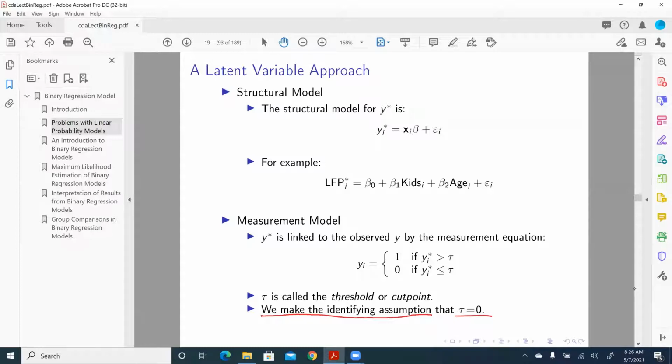It does not affect the estimation of any other slopes. And this identifying assumption makes the estimation possible. Note that this assumption is similar to the assumption that the conditional mean equals 0. This assumption also makes the estimation of the intercept possible.